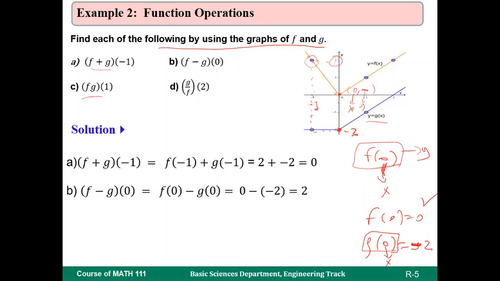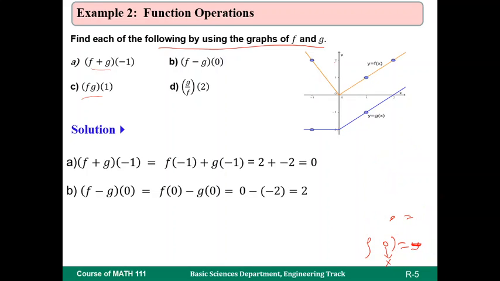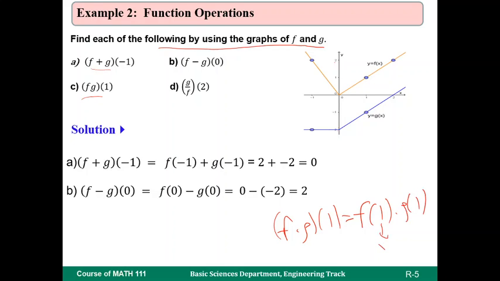And f times g of 1, which gives us this. f times g of 1. So you find 1 on x here, x is the input and this is the output.